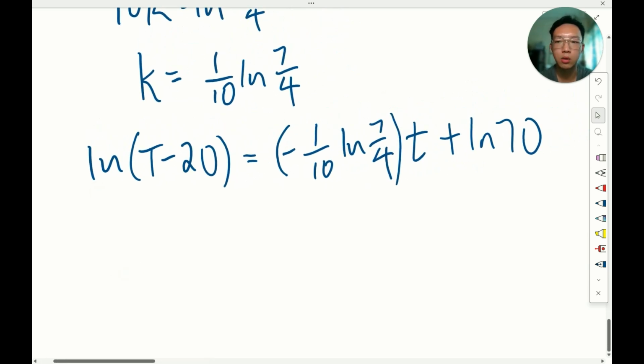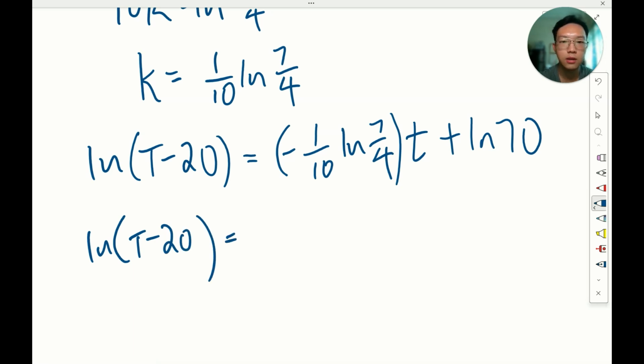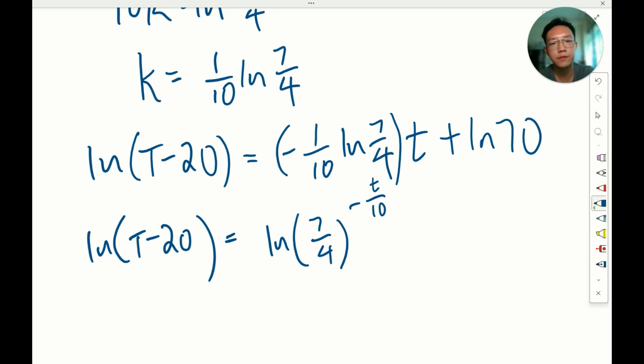Let's start by combining our lns first. So we have ln T minus 20. Right hand side, we can simplify this to ln 7 over 4 raised to the power of negative t over 10. Because the negative t over 10 was first multiplied to the ln 7 over 4. And we can bring this constant up to the power based on the logarithmic rules. We are left with a plus ln 70.